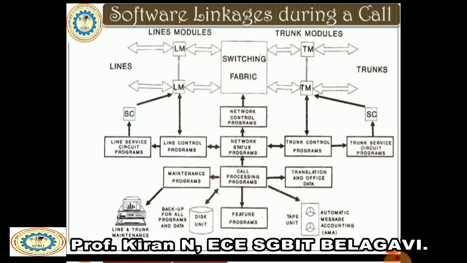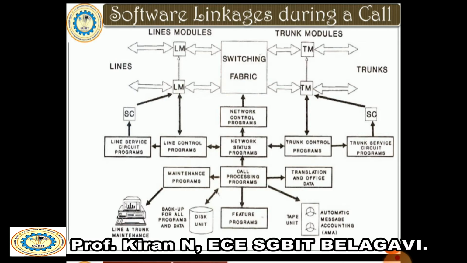Like for example, when subscriber A wants to call subscriber B on the other side, the call processing programs help in determining the subscriber line, like which line is free, in order to connect the two subscribers. And to connect these two subscribers, it helps in supporting all the features and attributes related to that particular connection of call, and this is done through a switching fabric.